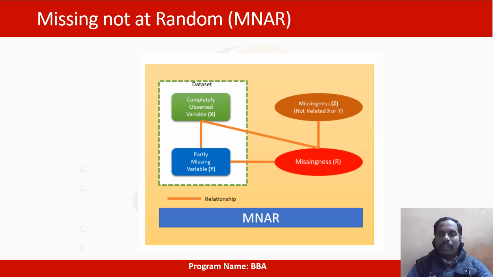Now, missing not at random. If the character of the data does not meet MCAR or MAR, then it falls into the category of missing not at random. When data are missing not at random, the missingness is specially related to what is missing. For example, a person does not attend a drug test because the person took drugs the night before.